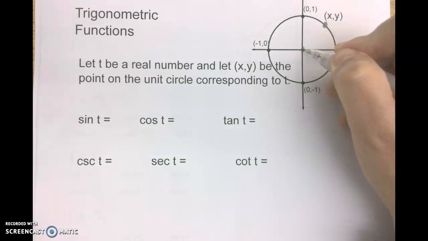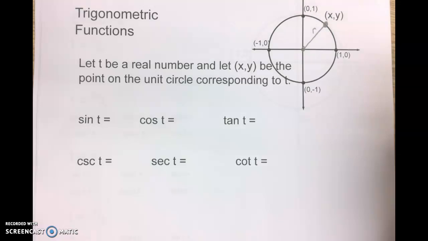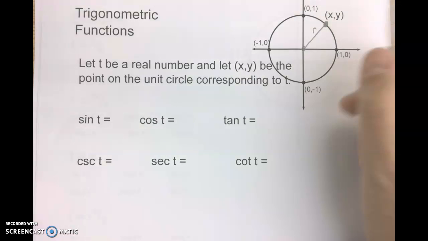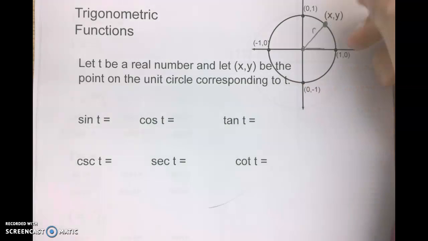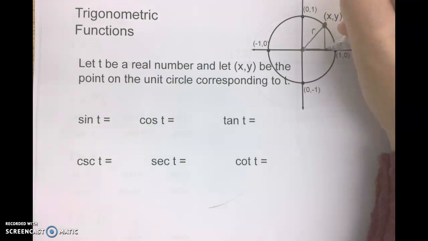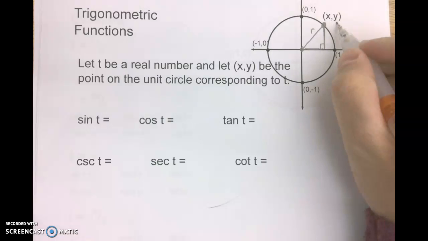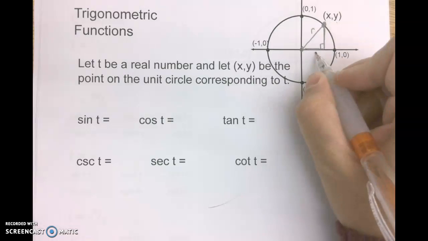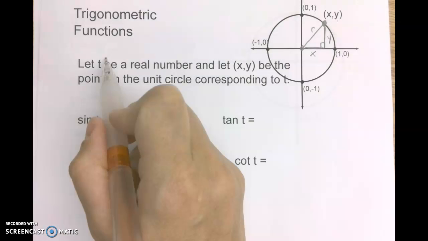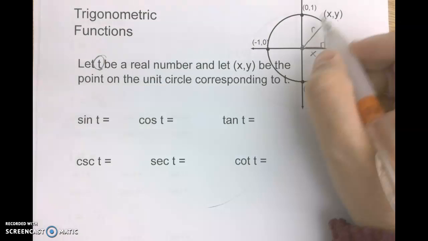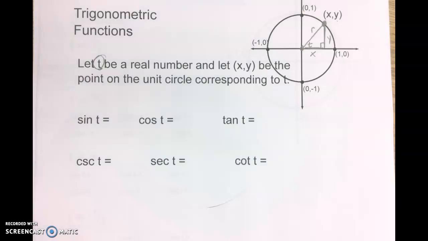If I draw that radius, r, which is going to be 1 for all of these angles in the unit circle, then the horizontal change and the vertical change should match up with the coordinates of that point. So the horizontal is x and the vertical is y, and t here is that angle.